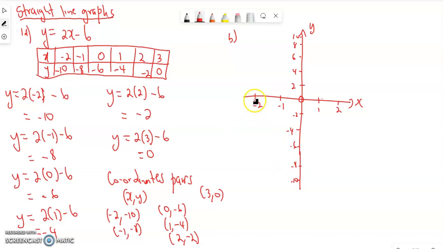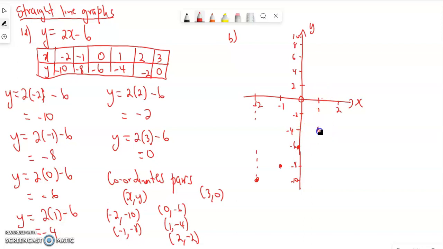The first point is x is -2, y is equals to -10. So to plot this point, our first point is going to be here. x is -2, y is -10. Second point, x is -1, y is equals to -8. Then 0 and -6, we have a point here.